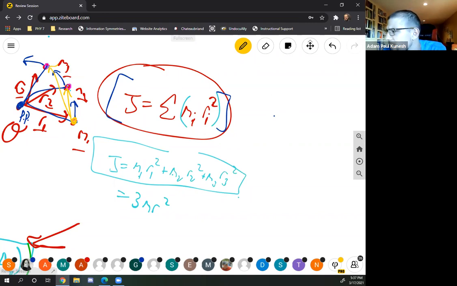The I around this new pivot point would be m2 r2 squared plus m3 r3 squared, where this is my r3, this is my r2. And then this point wouldn't contribute because r there is just 0. Yeah, so the axis you rotate around does matter as well. Thanks, Natasha.